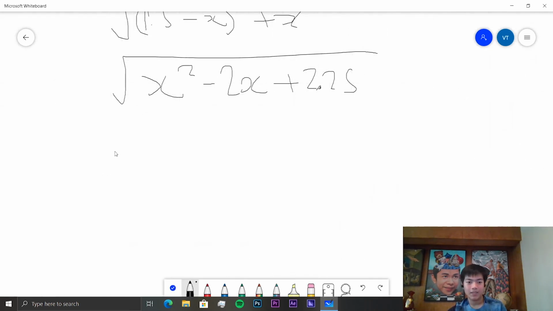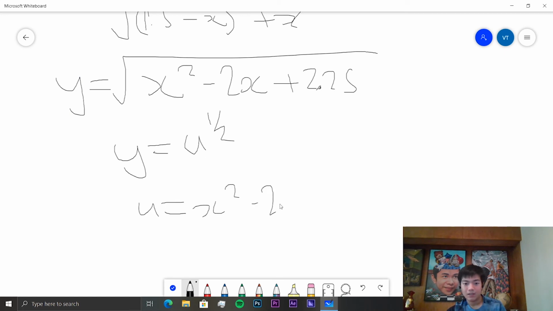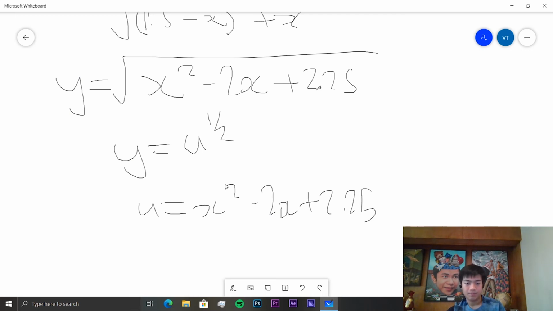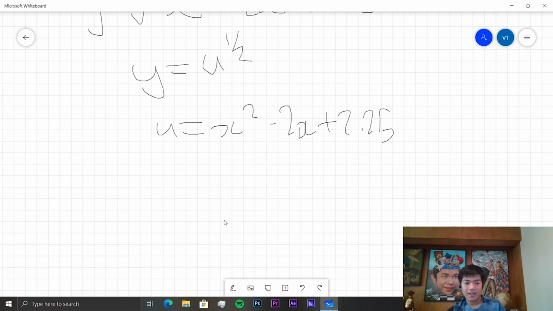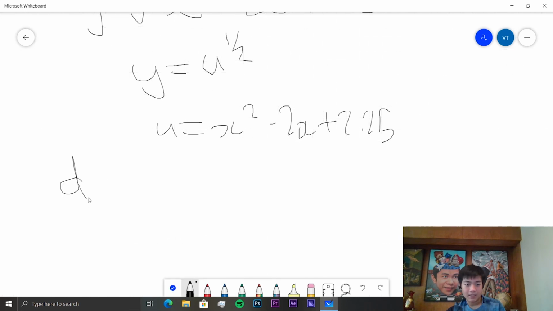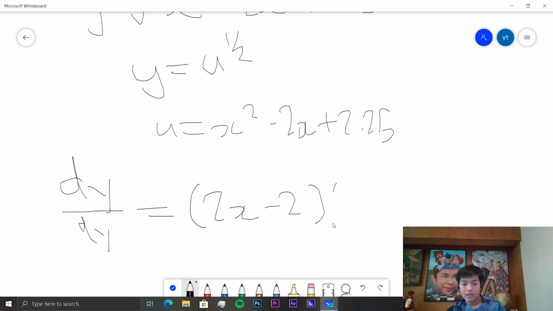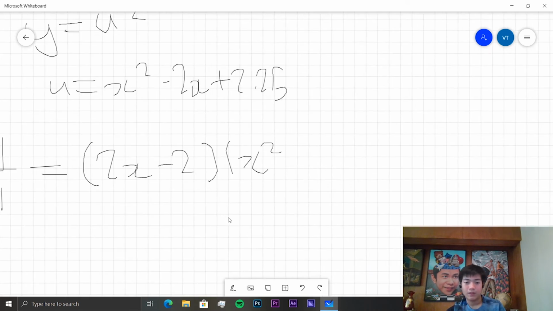So we can use chain rule, I guess. So we have y is equal to this, say it's equal to u to the 1/2, and u is equal to x squared minus 2x plus 2.25. So using chain rule, we get that dy over dx is equal to 2x minus 2 times x squared minus 2x plus 2.25.